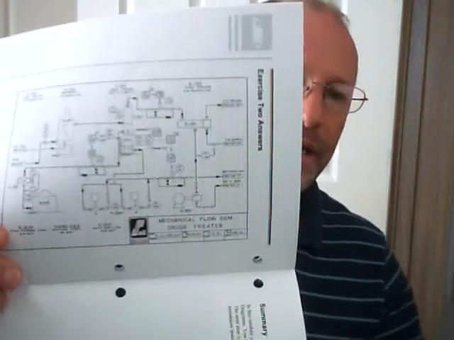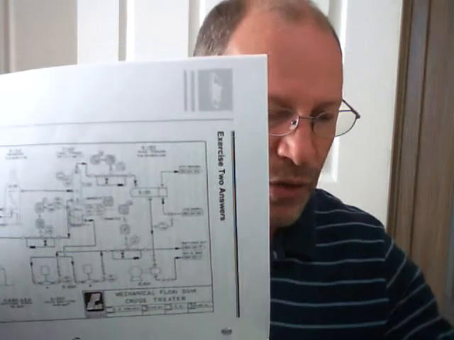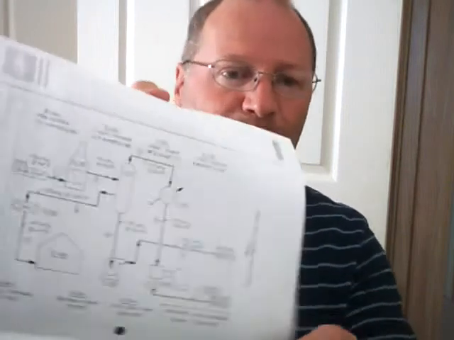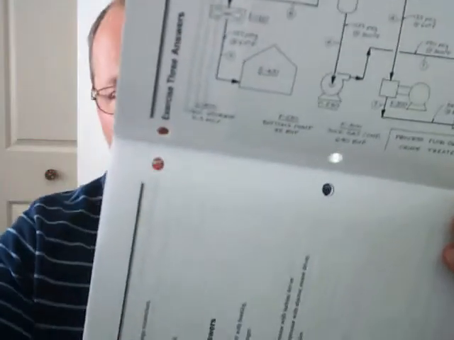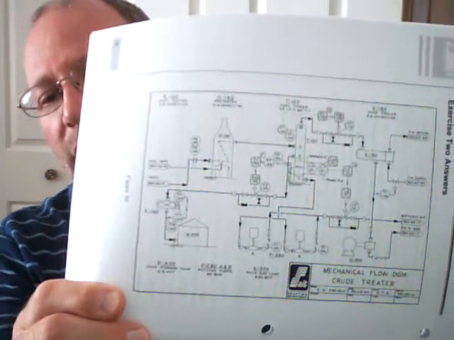Now if you compare, look at this. This is the PFD from module 9. The P&ID corresponding to this one is this one here. See, this is with all details, the final mechanical flow diagram.